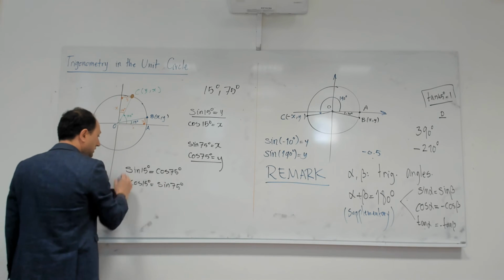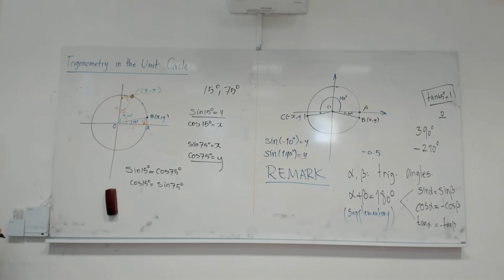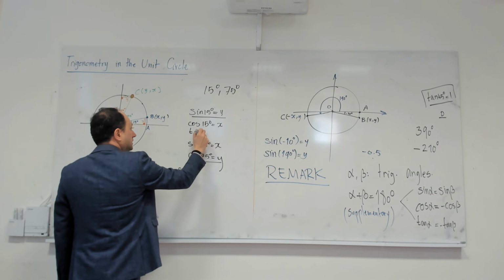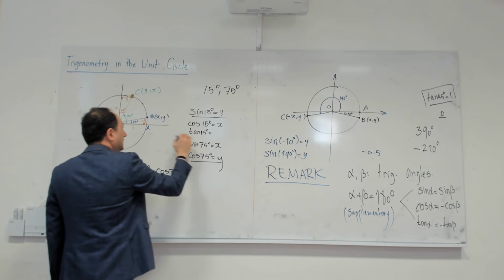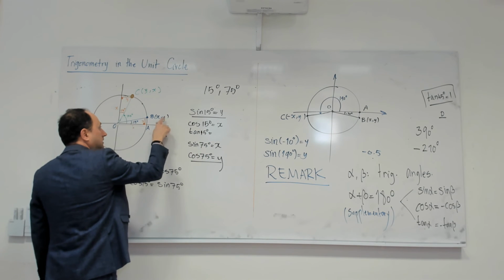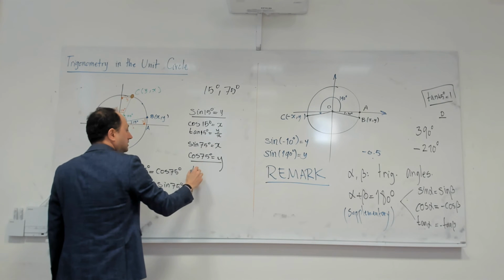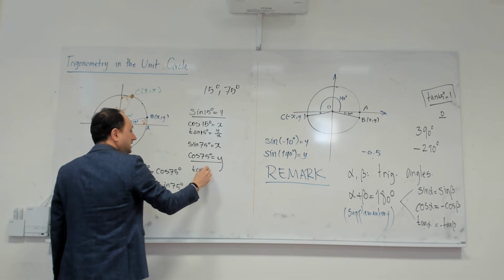So we are discovering some relations. If I ask you what is tangent of 15, how do you answer that? Tangent of 15 is the y coordinate divided by the x coordinate. If I ask you what is tangent of 75, you do the same thing, by the way.